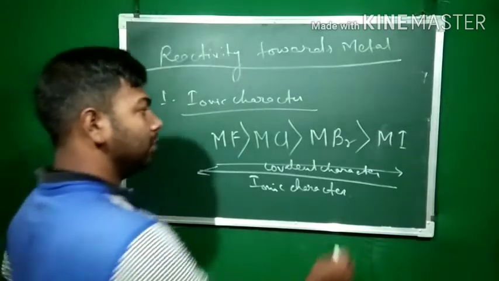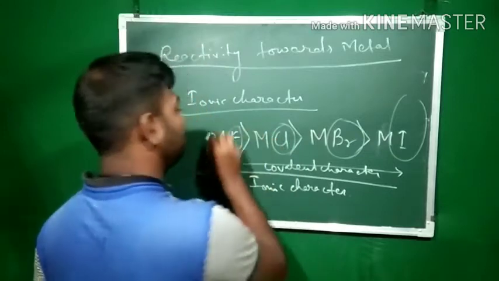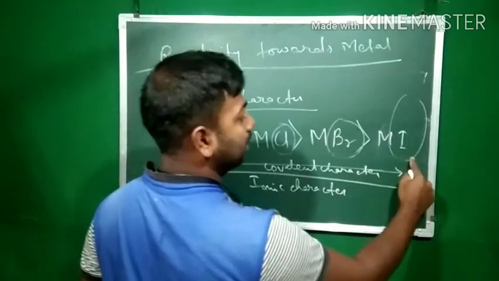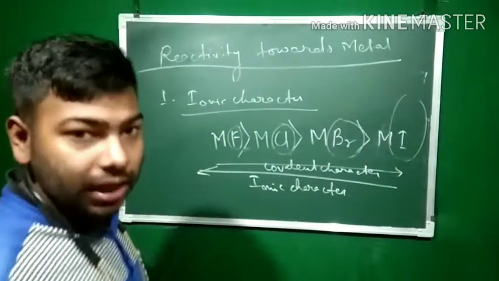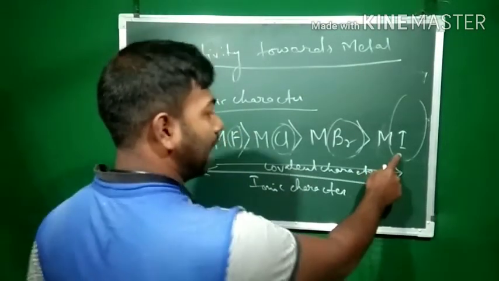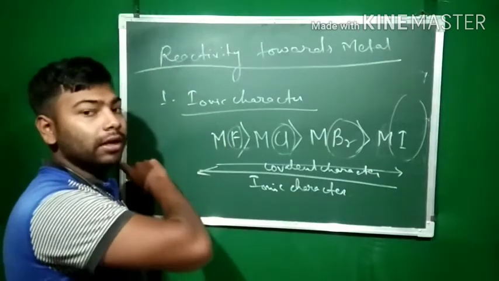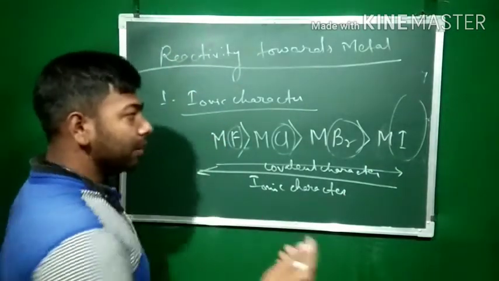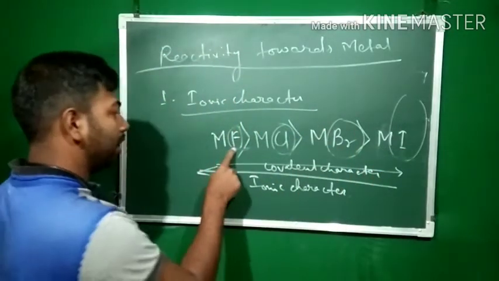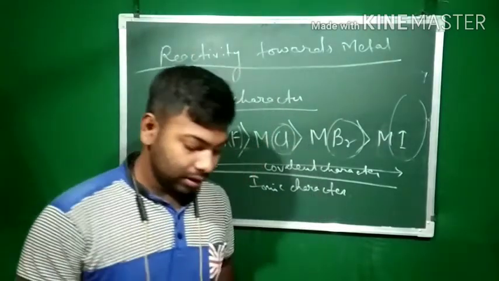This one is very large, this one a little smaller, this one smaller still, and this one very small. As the polarizing power increases, the covalent character increases. That's why metal iodide is the most covalent and metal fluoride the least covalent. Conversely, metal iodide is the least ionic and metal fluoride the most ionic.